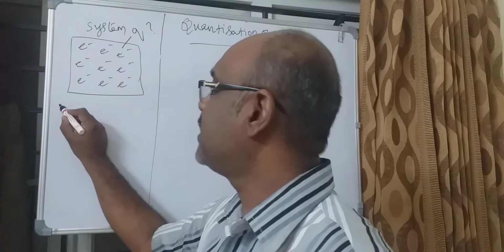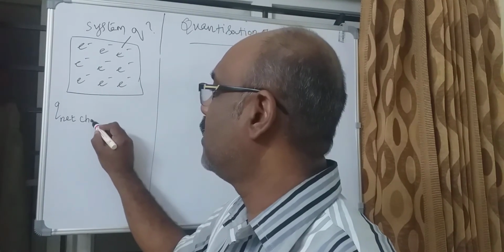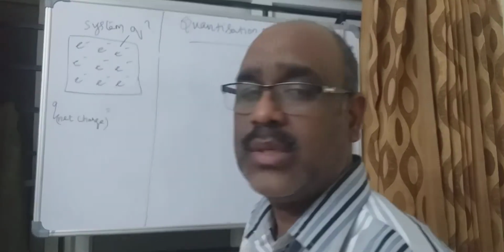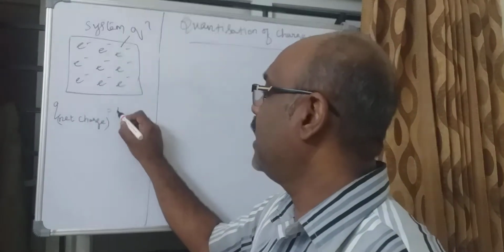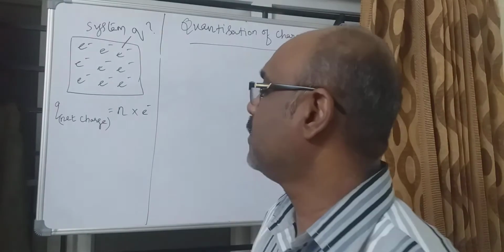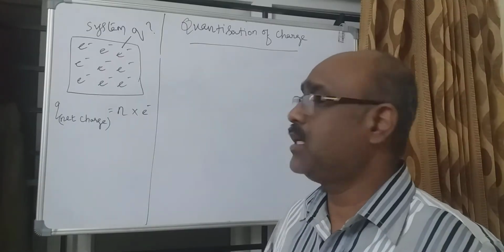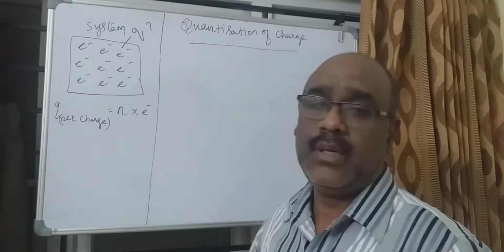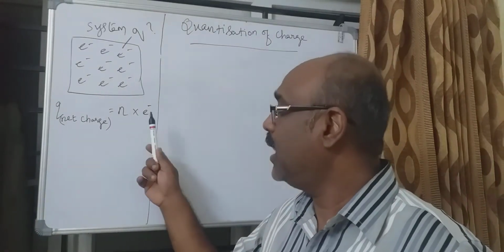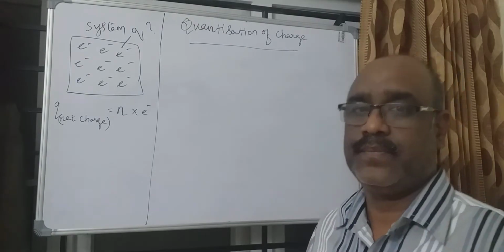The total net charge, where Q is the net charge, can be given by the formula Q is equal to N into E. The net charge in a system is nothing but the integral multiple of the least magnitude of the charge that is present in the system.